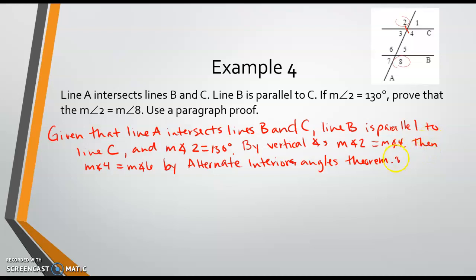And then again, by vertical angles, the measure of angle 6 is equal to the measure of angle 8.